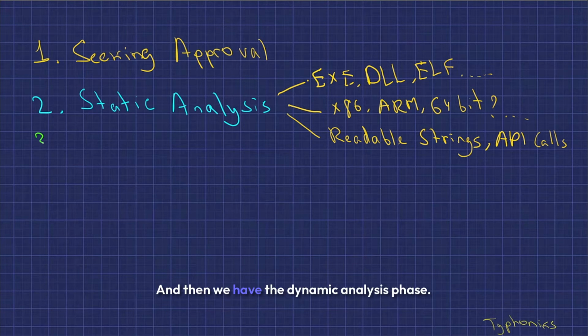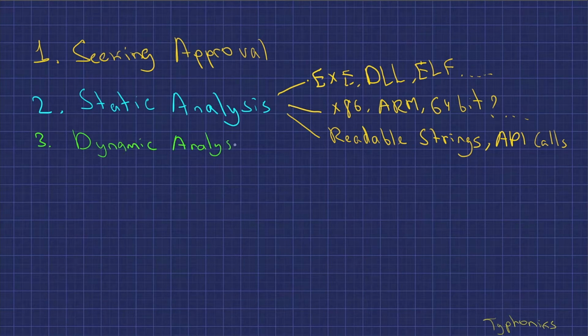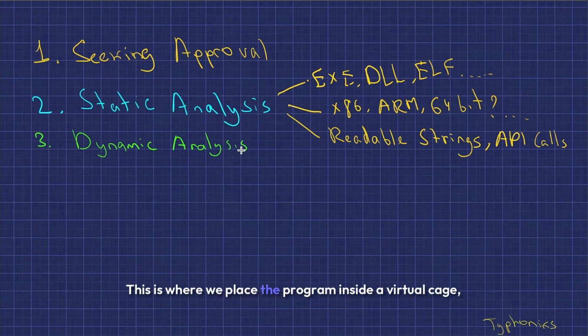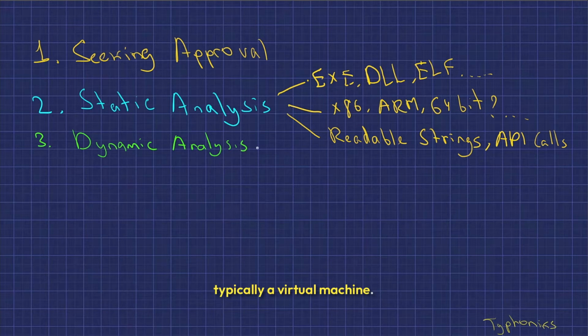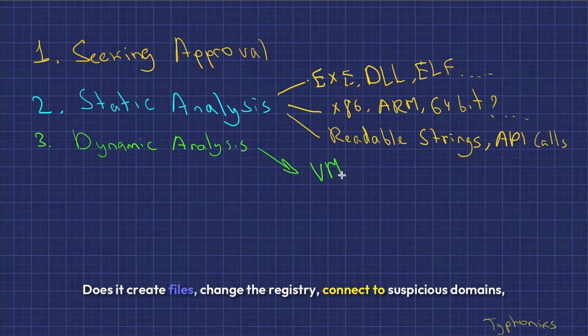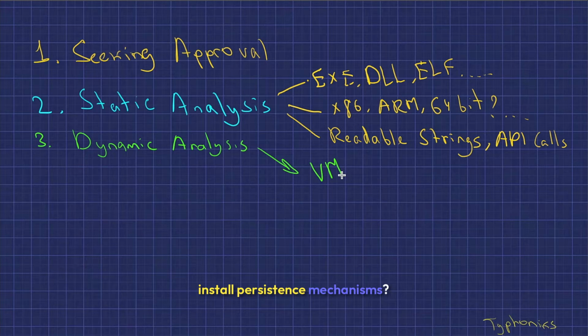And then we have the dynamic analysis phase. Now let the software run, but carefully. This is where we place the program inside a virtual cage, typically a virtual machine, and watch what it does. Does it create files, change the registry, connect to suspicious domains, install persistence mechanisms?